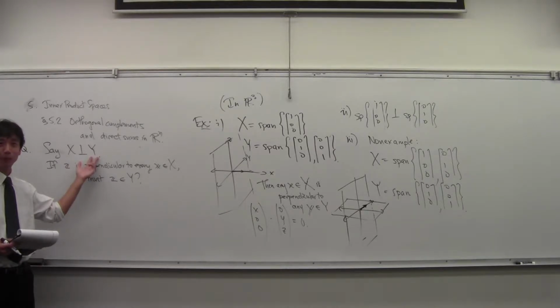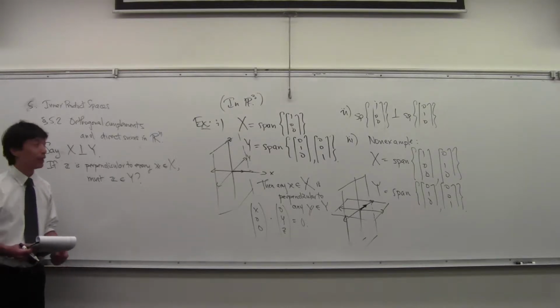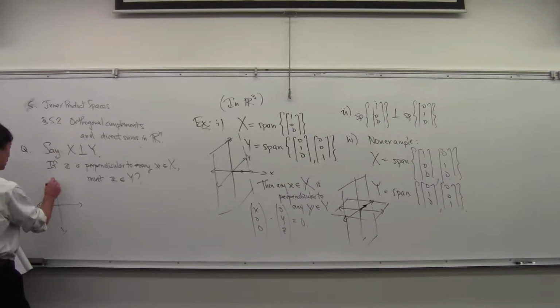Ross is shaking his head from the very beginning. Why not, Ross? Can you give me an example? For example, like x is a span of 0, 1, 0, and y is a span of 0, 0, 1, and z is the vector 1, 0, 0. Yeah, great. So you could have something like this, right?